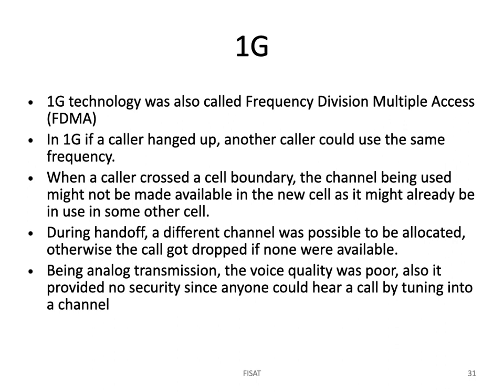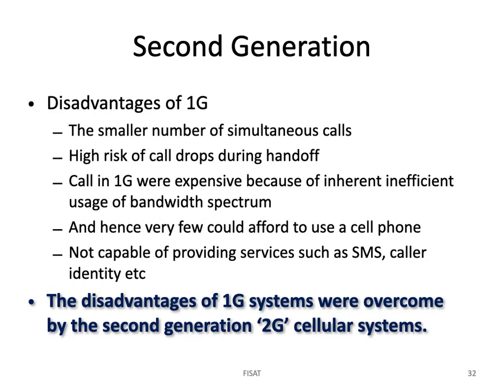Then comes second generation of mobile communication. There were many disadvantages of 1G: the smaller number of simultaneous cells or calls, high risk of call drops during handoff.